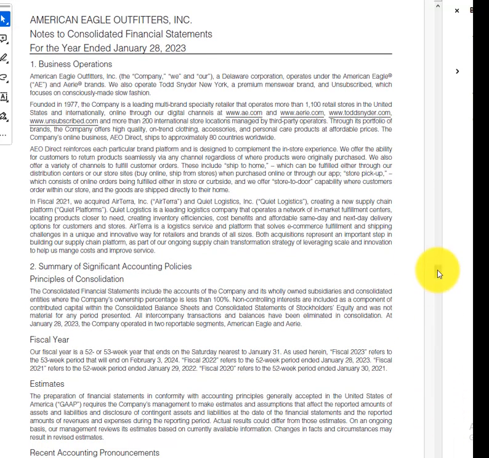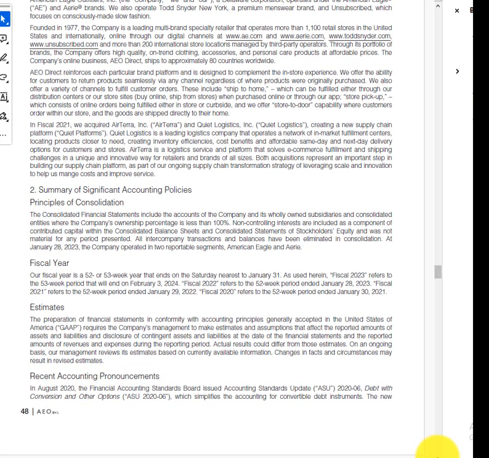And then let's start talking a little bit about how these footnotes might indicate how American Eagle applies the accounting principles to their particular situation. Okay? So, looking at principles of consolidation. We all talk about this term, consolidated financial statements.